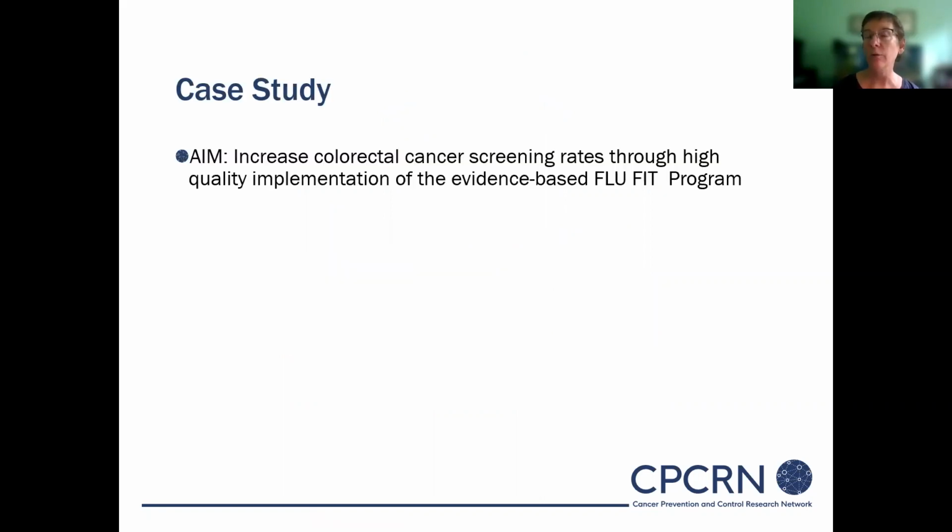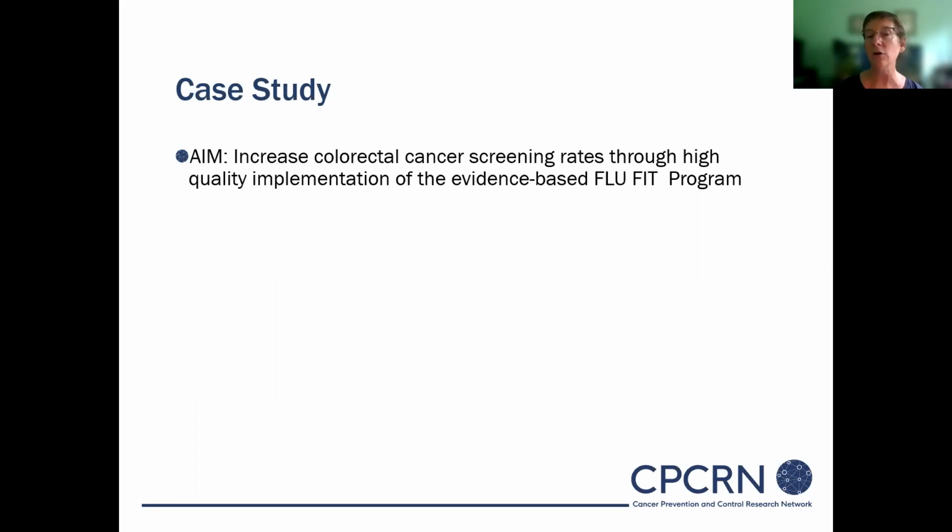And so for today, to illustrate writing the project implementation plan, we're going to use the case study of our overall goal, which is to increase colorectal cancer screening rates through high quality implementation of the evidence-based flu-fit program.